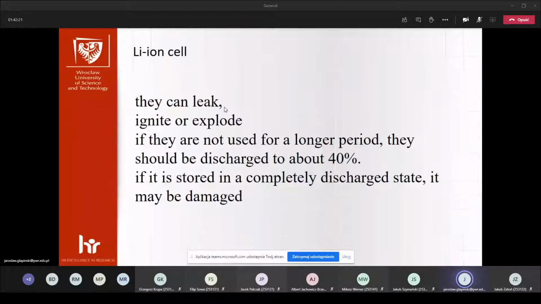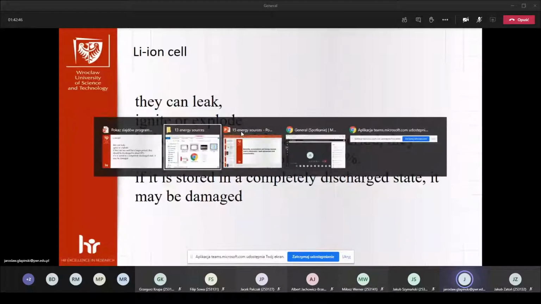So they can leak because a high pressure appeared inside. So they have some valves so that the pressure goes outside. But in this case, they can leak. They can explode. That was, and it is, a problem of such batteries, that they are very sensitive. I can show you a film.